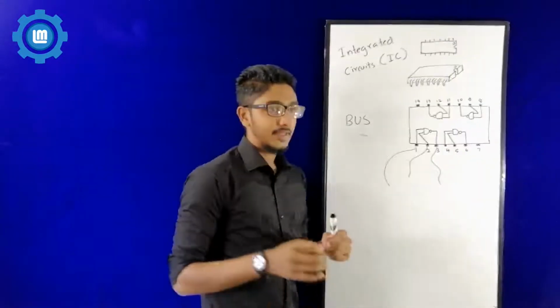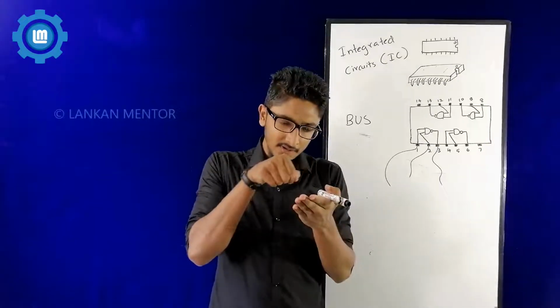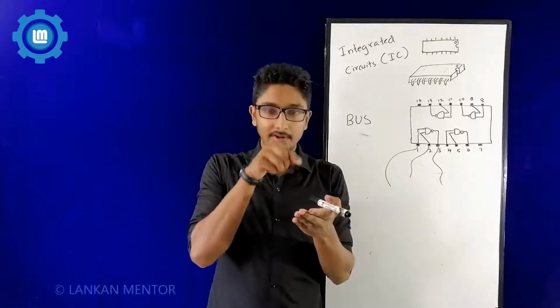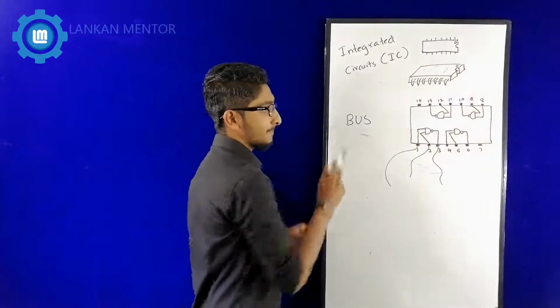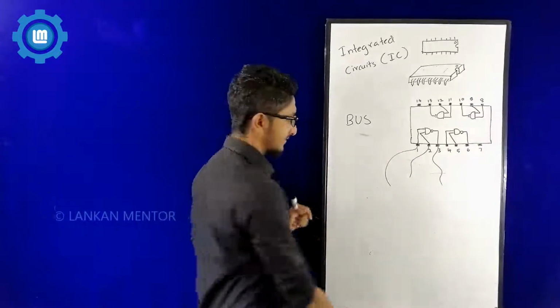If you open up an electronic circuit board, you can see small lines on the circuit board. Those lines are called bus. Those lines take these signals.